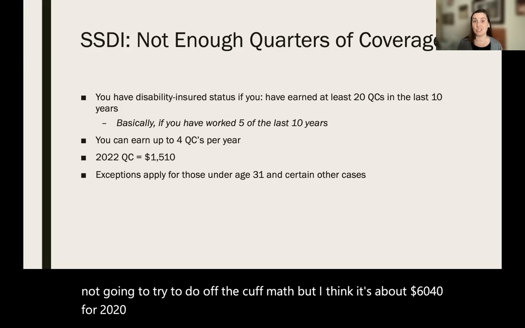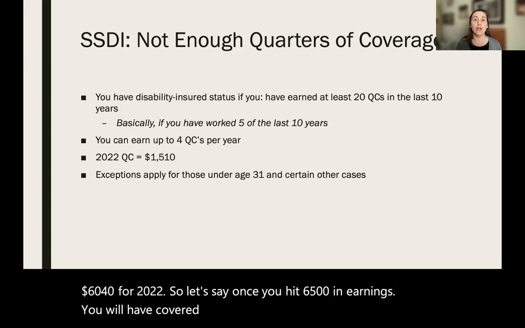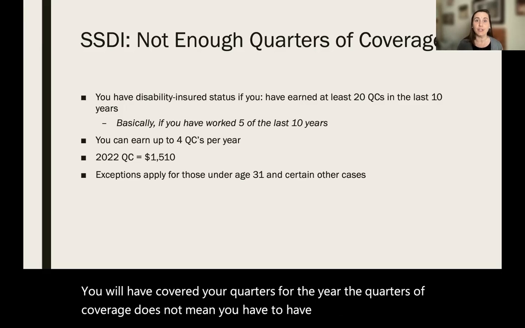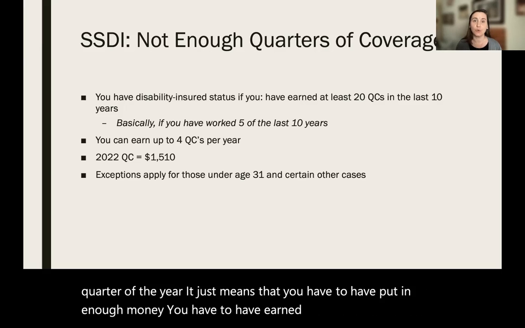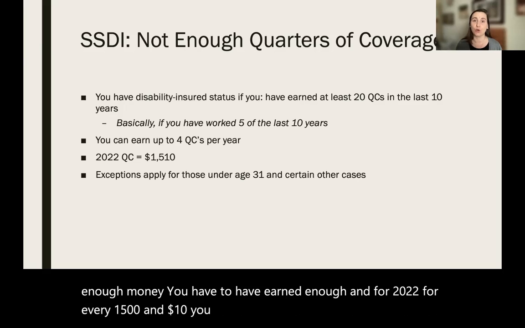So let's say once you hit $6,500 in earnings, you will have covered your quarters for the year. Quarters of coverage does not mean you have to have a paycheck in each quarter of the year. It just means you have to have earned enough. And for 2022, for every $1,510 you earn, you get a quarter of coverage, up to 4 quarters. Okay.